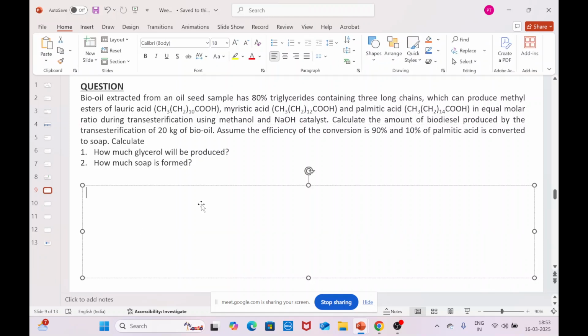First, we will calculate the molecular weight for all the methyl esters of lauric acid, myristic acid, and palmitic acid.